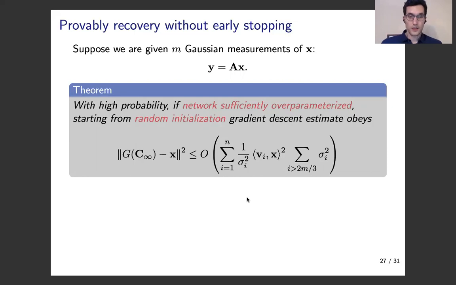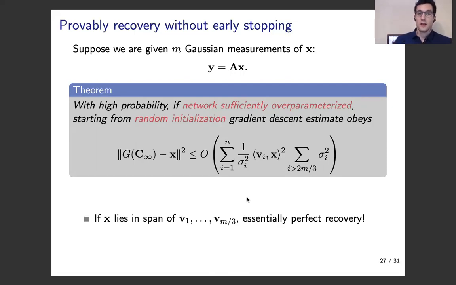And if we look at this quantity, then we realize if the signal is low frequency, so if the signal lies in the span of, say, M is the number of measurements, so it lies in the span of some constant factor times M, then we essentially perfectly recover it.